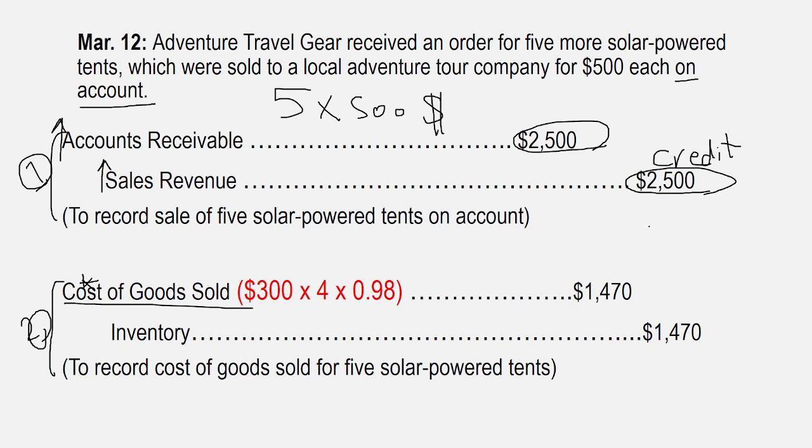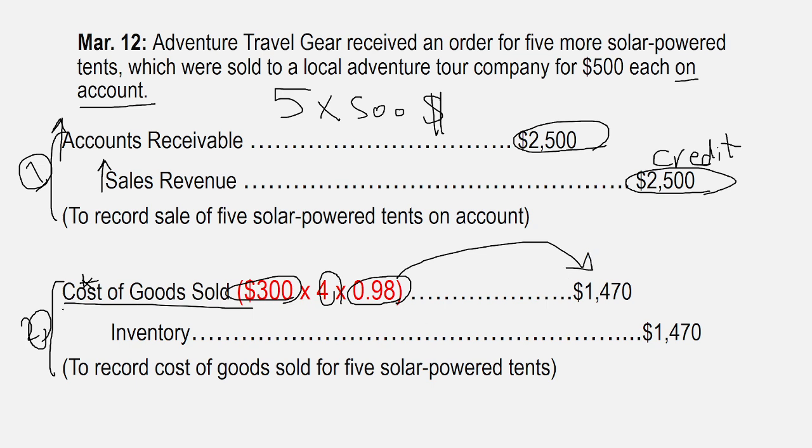So the quantity sold here is 4, multiplied by 98%, that is 100% minus 2%, and the cost per unit in this case equals $300, and this multiplication gives the result of 1,470.